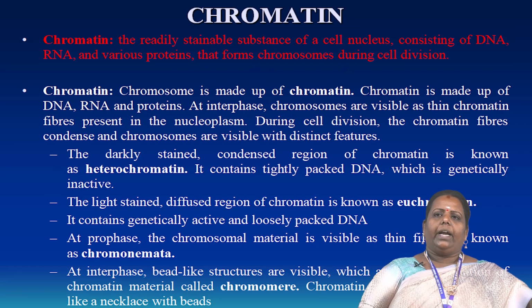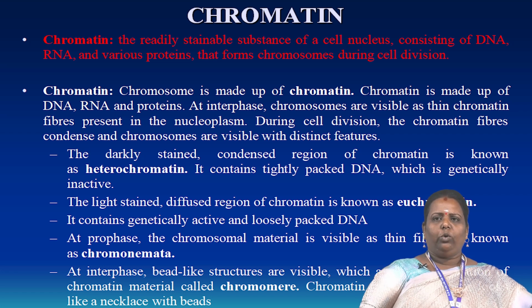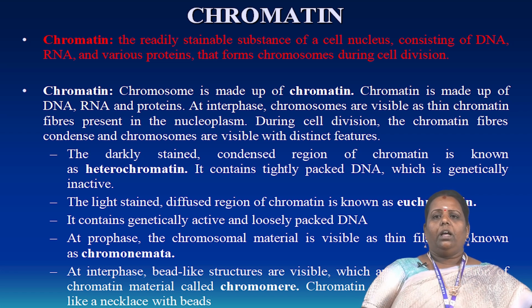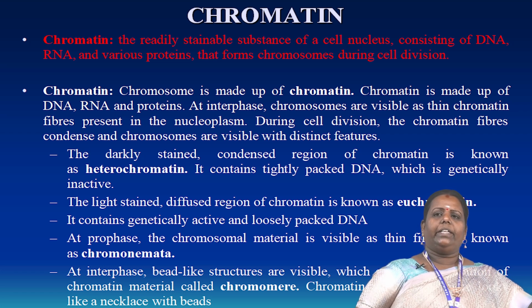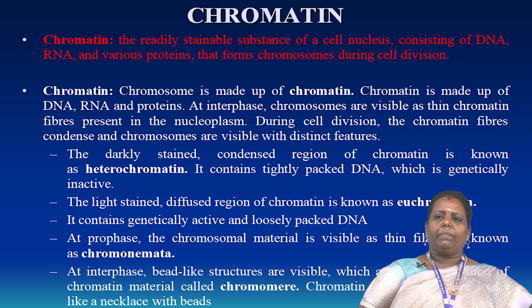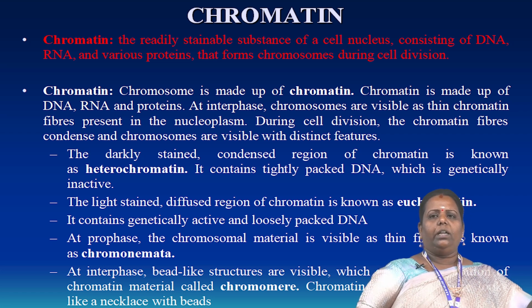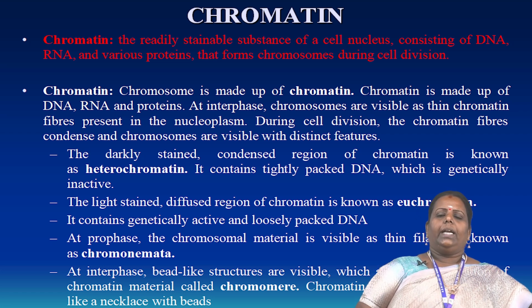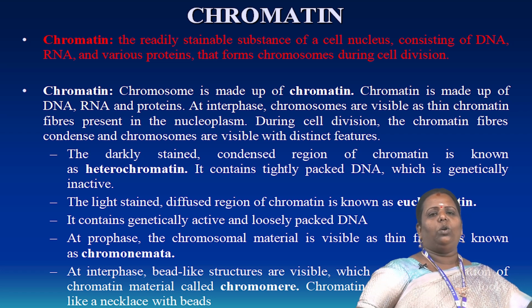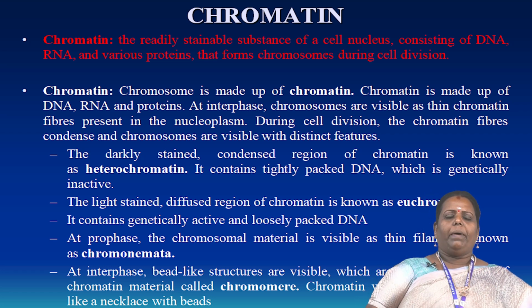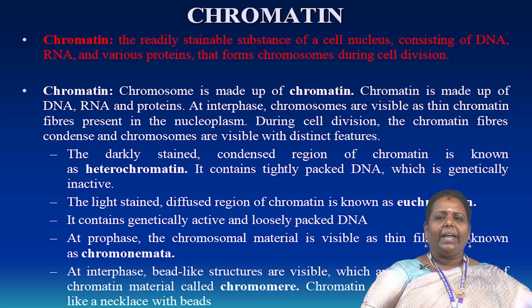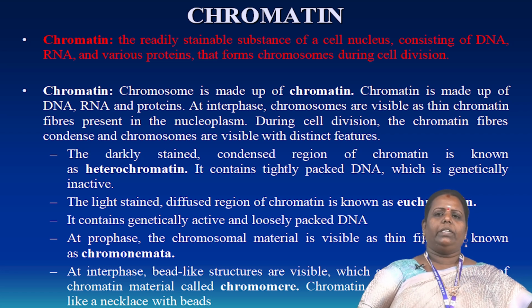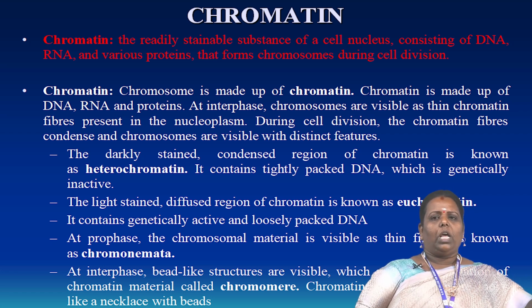Chromatin is readily stainable in the cell nucleus, and it consists of DNA, RNA and protein. We have to differentiate chromatin from chromosome: the chromosome is made up of chromatin. The darkly stained condensed region of the chromatin is known as heterochromatin, and the light stained region is called euchromatin. So there are 2 types of chromatin.